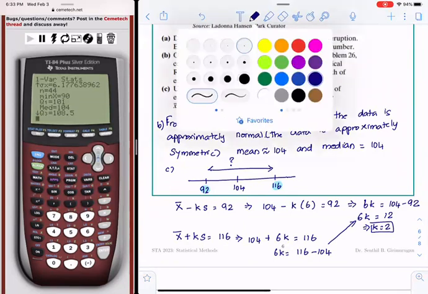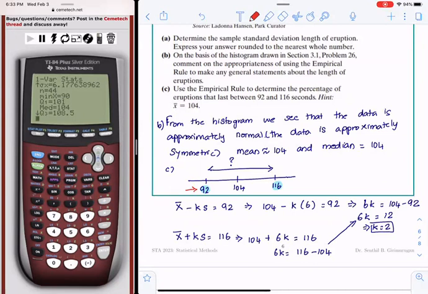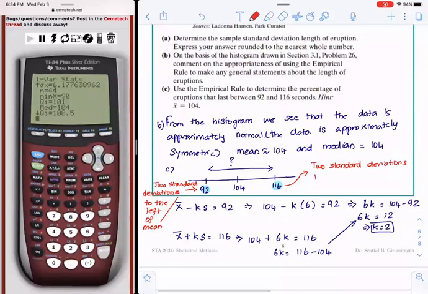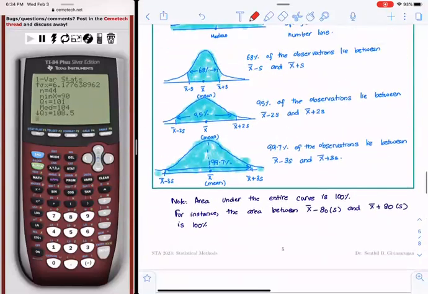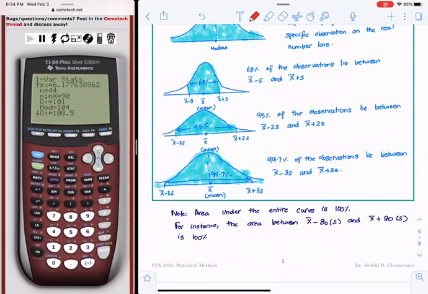So what does this say? This tells us the observation 92 is 2 standard deviations to the left of the mean, and 116 is 2 standard deviations to the right of the mean, which would imply that 95% of the observations must be between 92 and 116, because that's what the empirical rule tells us.